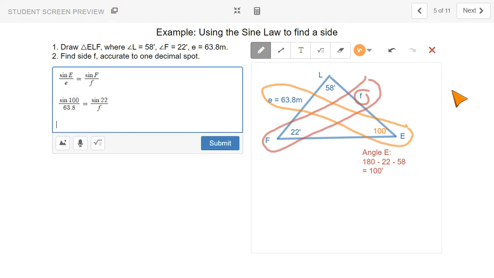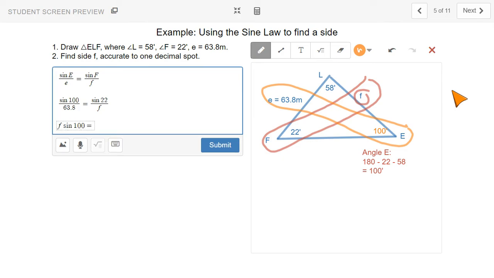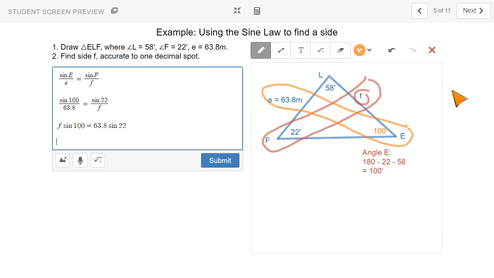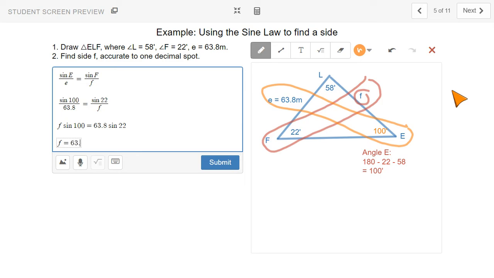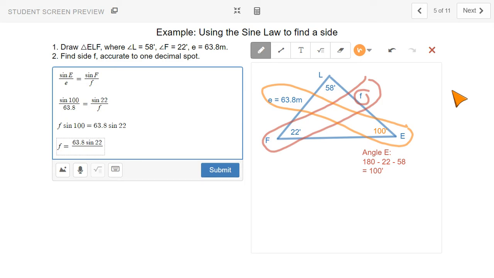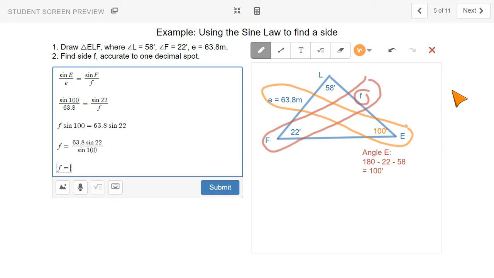Now, since these are ratios, we can cross multiply. So I have f sine 100 is equal to 63.8 sine 22. Let's continue on. We're going to divide by sine 100. 63.8 sine 22 divided by sine 100 is equal to f.